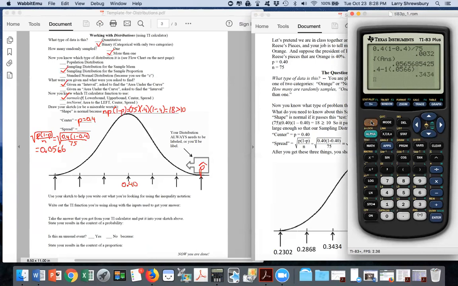And then I'll press second enter and change that to plus. So this is how closely those sample proportions are clustering around. Now, if you want to go to 4 decimal places, that's fine. But this is just a sketch. So I'm just going to do the 0.34 and 0.46.